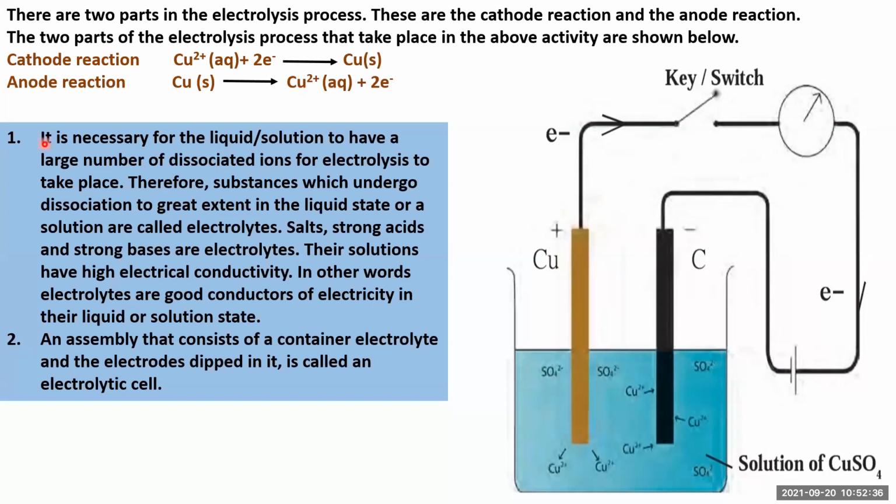Now, points to remember: it is necessary for the liquid solution to have a large number of dissociated ions for electrolysis to take place. This is the necessary condition for any solution or liquid. Ions should be dissociated in large number. Dissociation means the ions should depart from each other.